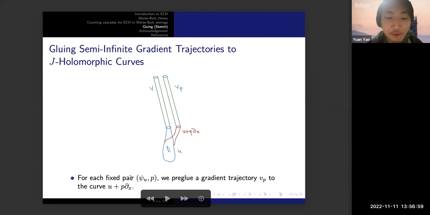But after you deform U with P dx, you've moved the end along the Morse-Bott torus. So then you pre-glue it to a different gradient trajectory that starts and ends here, which I'll call V_P. In some sense, I've made the pre-gluing depend on the asymptotic vector field P dx.